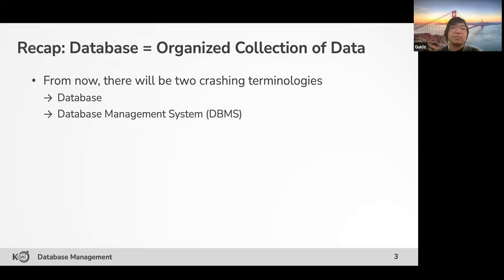The second term, they just call it database. So you will see these two terms a lot, and you need to read the context to see whether the speaker means the database or the database management system.